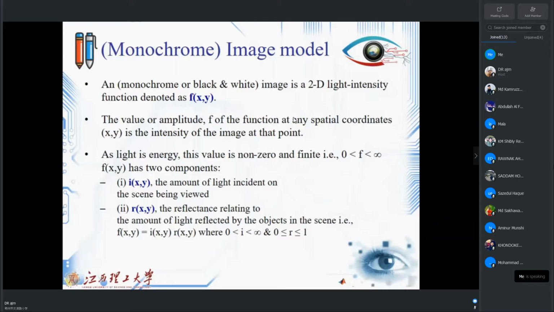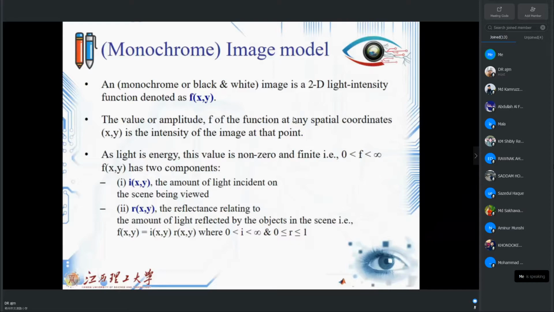So f can be between 0 and infinity, with the function f(x,y) having the two components i and r. i, as I said already, is the amount of light incident on the scene being viewed, and r is the reflectance, relating to the amount of light reflected by the object in the scene.